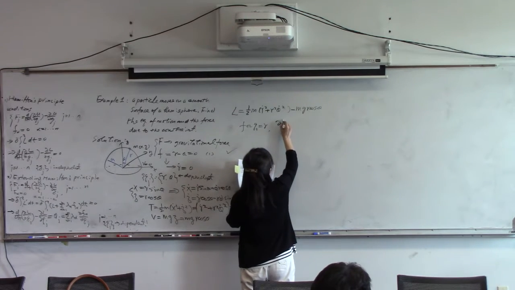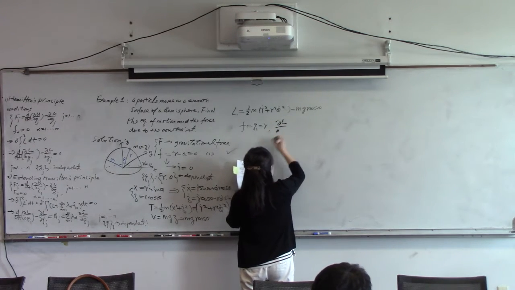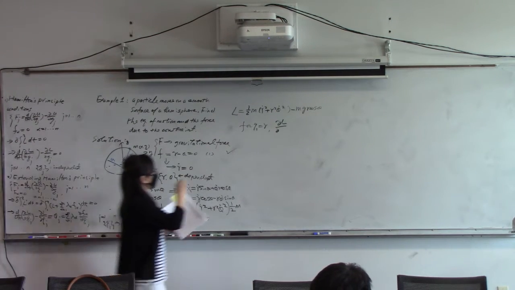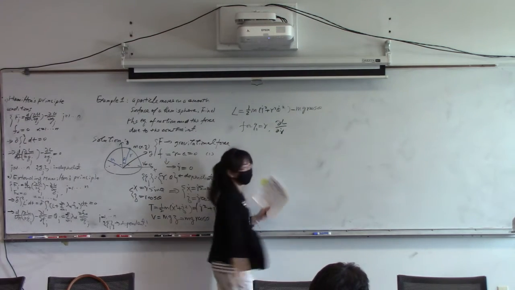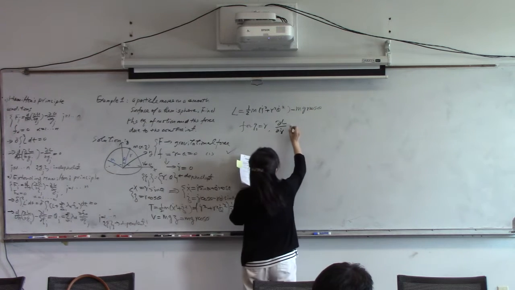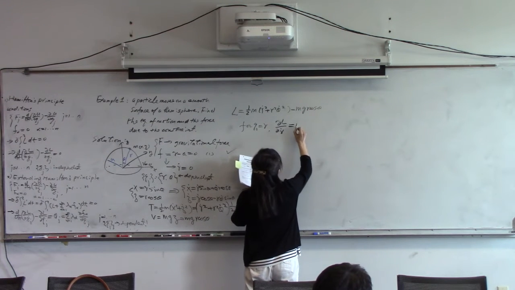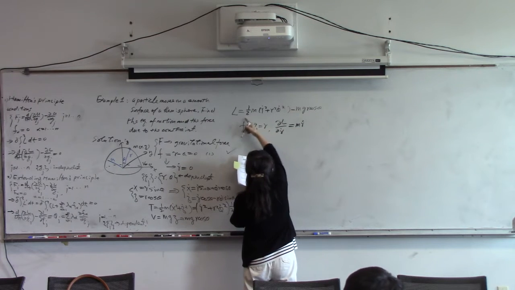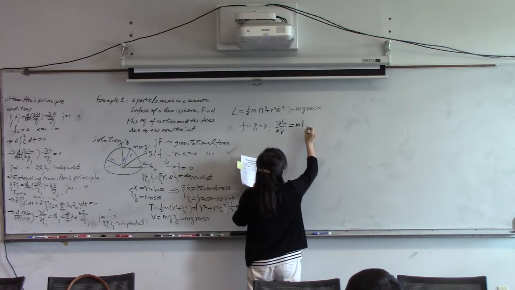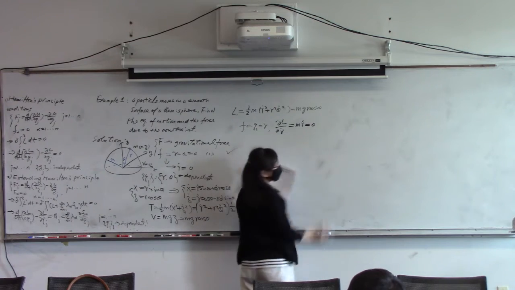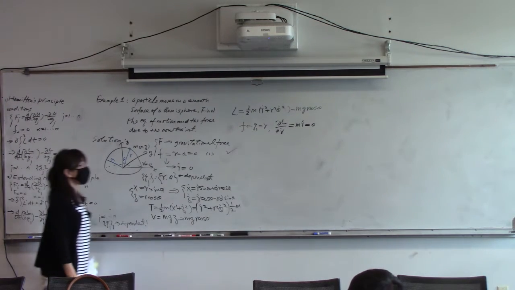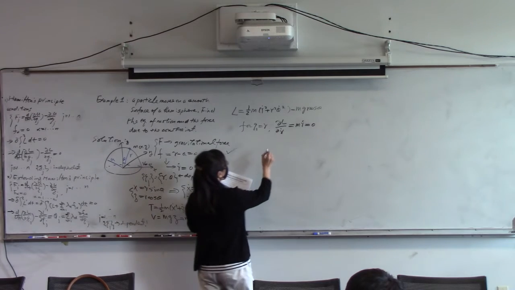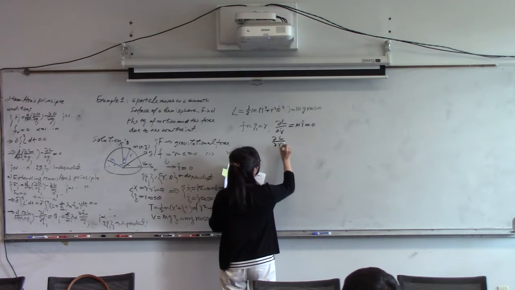For partial L, partial R dot, that is m R dot. And here you're going to write 0. Now we know the R dot is 0, right? So that is okay.